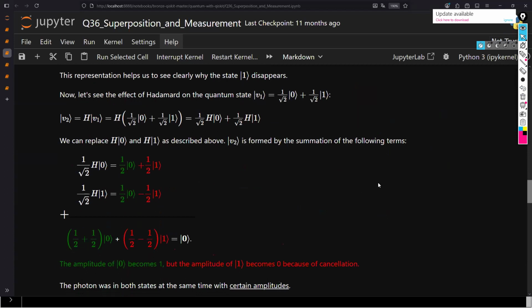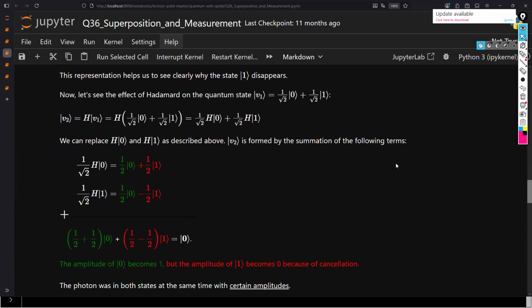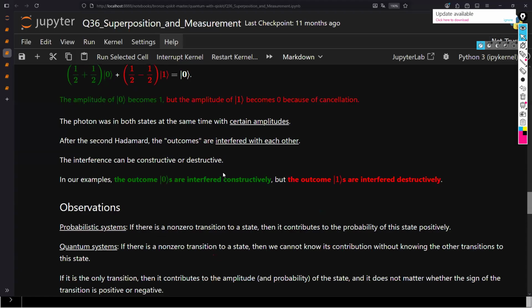It happens that some transitions act on the amplitudes destructively, and some act together to, as we can see here, interfere constructively.